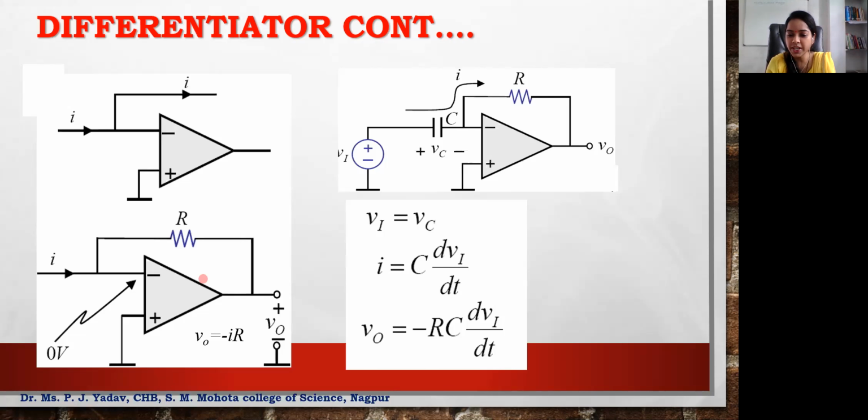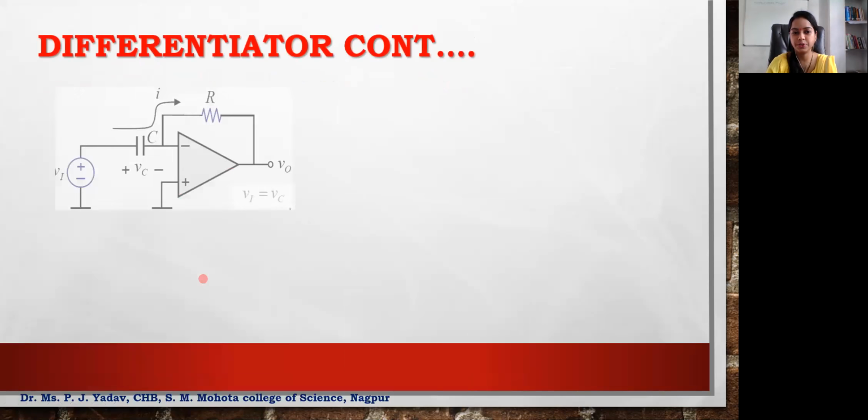What is changing is dVi by dt, the differentiation of voltage. Vi is the input voltage. So we will have as the output minus RC dVi by dt. This is the differentiation of whatever input voltage we give at the input terminal. Okay, so this is the final output voltage.